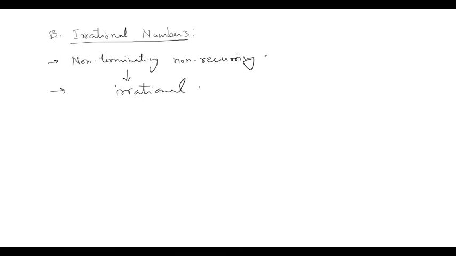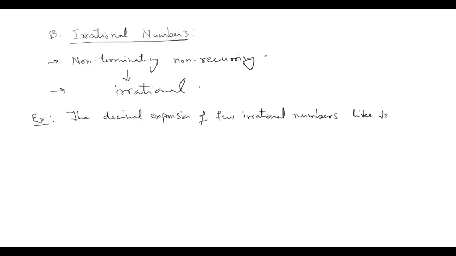So now let's take an example. The decimal expansion of a few irrational numbers, like square root 2 and pi.